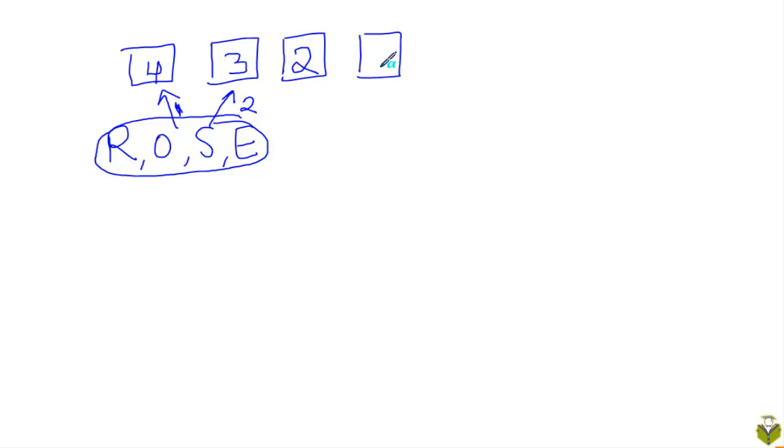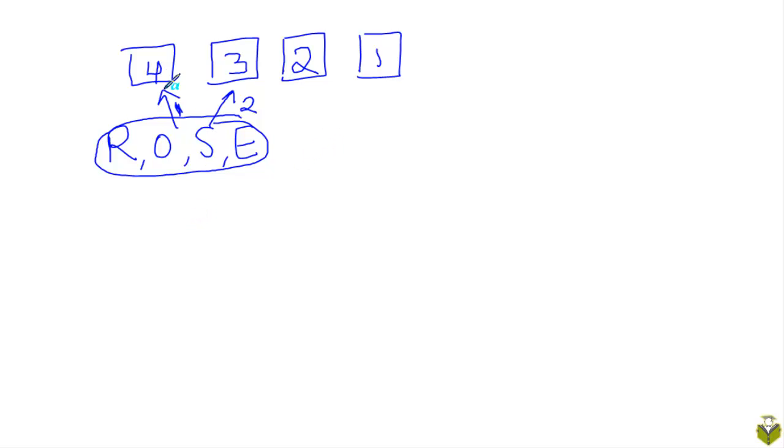And then for the last box, you have already used 3 of the letters, and you are not allowed to use any of the letters twice. That is the key difference between this and the previous question. So you are left with 1. It's like 4, then 4 minus 1 is 3, then 3 minus 1 is 2, and 2 minus 1 is 1. So what is the answer?